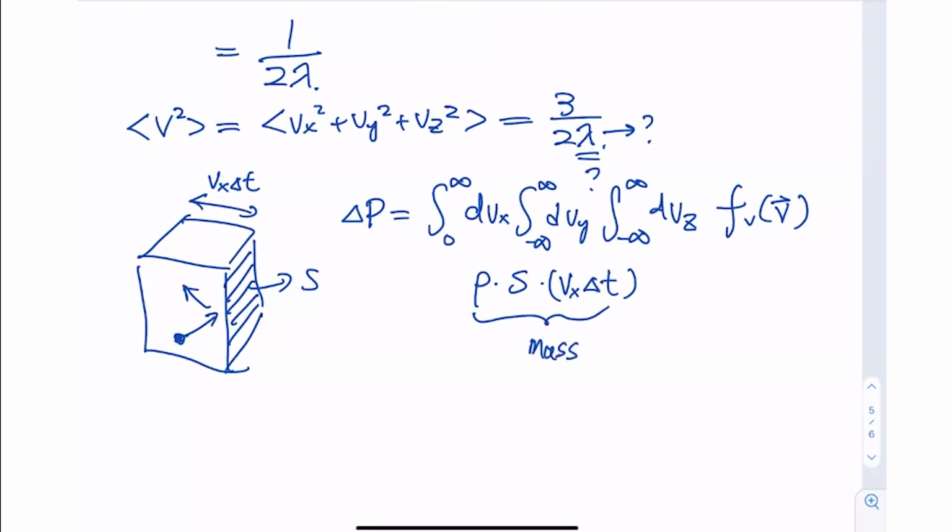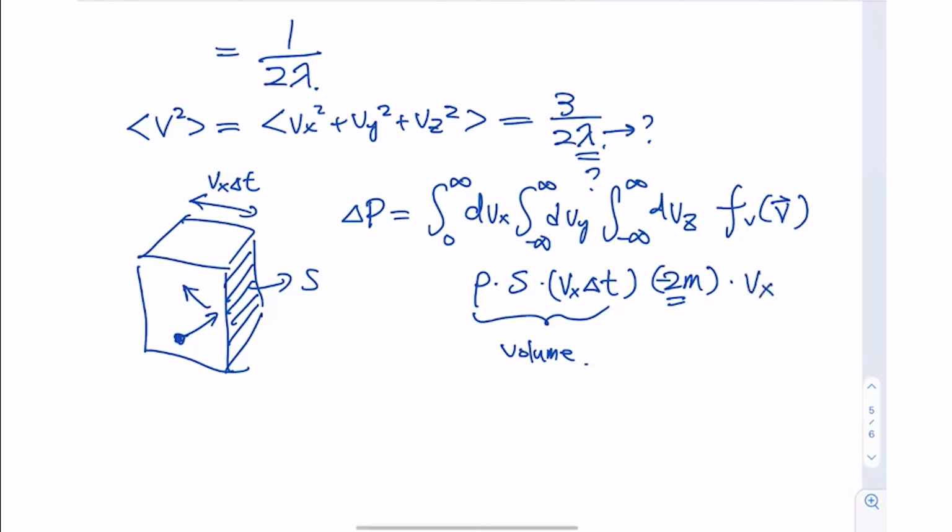Okay. Wait, nope, this is not the mass. The mass is the other part. The 2 comes from the fact that it bounced back, and this is just the volume of the particles that will hit the wall within this limited delta t window.